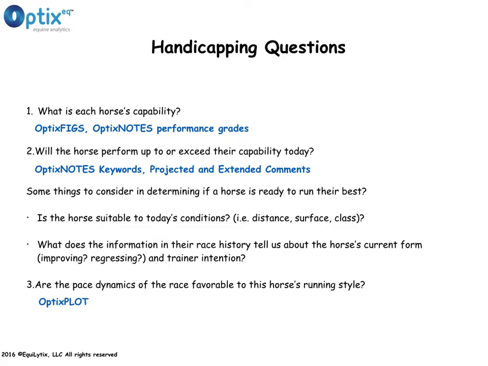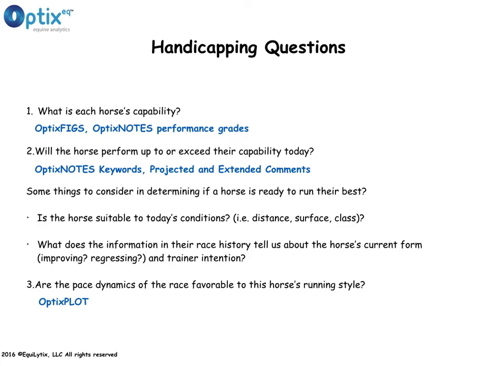And that's where we use optics plot. Now, we're not saying that we start at the top and go to the bottom. We may start in the middle. We may start at the end. Today, we're going to start at the end with optics plot, because what we're trying to do is look for where there might be an edge. But we also want to make sure, even though we think we might have an edge in the plot where there might be a favorable pace scenario for a long shot or unfavorable for a favorite, we still want to answer the other two questions.